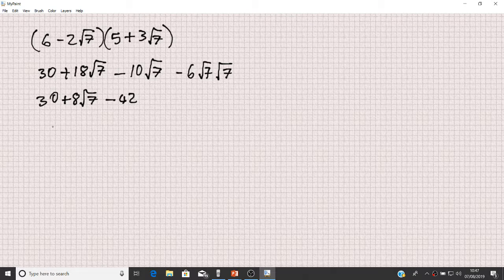The final answer then will be 30 minus 42 plus 8 root 7, which is negative 12 plus 8 root 7. And that's the simplest surd form as required. Okay, so we'll now look at solving a quadratic equation.